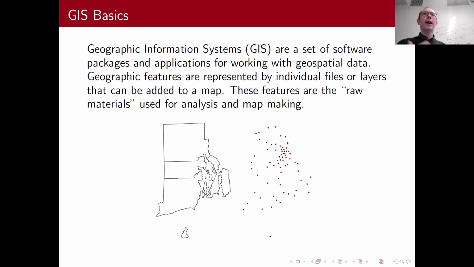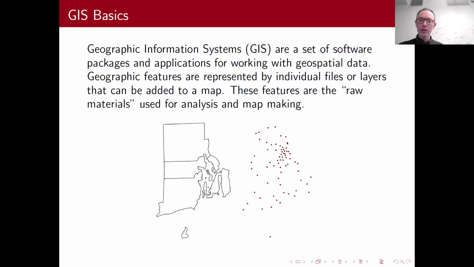So geospatial data files are not maps in and of themselves, but they're the raw materials that you can use to make maps. For example, I can have a file that has the counties of Rhode Island and another file with the public libraries in Rhode Island. And I'm able to take those two separate files, bring them into a GIS package, and overlay them in order to make maps.